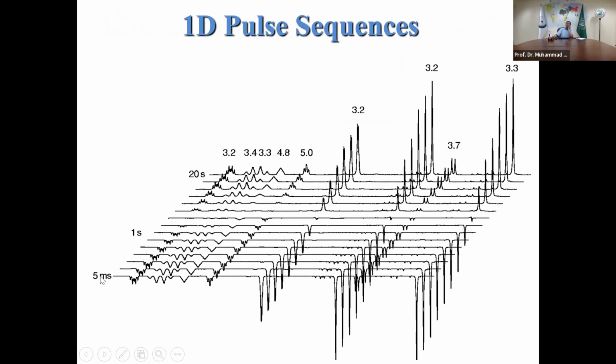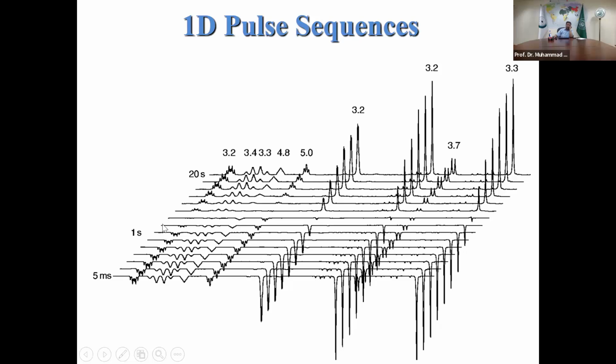When you give a pulse after 5 microsecond, you see all these peaks negative because your detector is on the other side. And if in the second experiment, this period is increased, you see relatively smaller negative peaks.